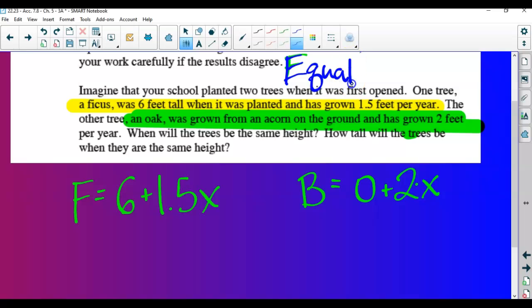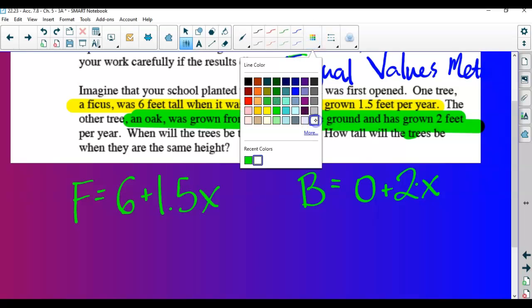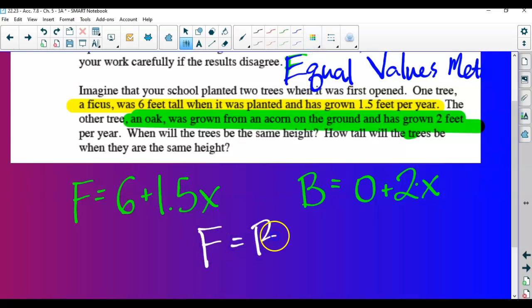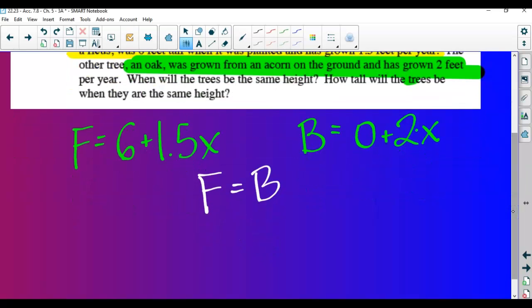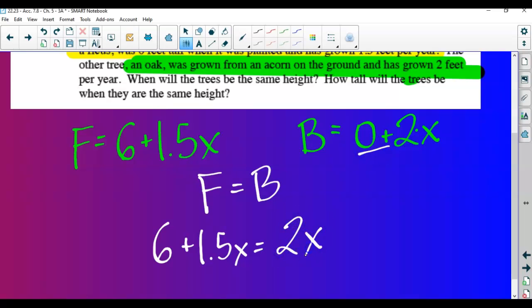Algebra is a much bigger umbrella. When somebody says use the equal values method, what that means is we start by saying, okay, F is equal to B. So ficus is equal to our brown tree. And then we set up everything we know. I don't really need the 0 plus, so I'll just leave that out.